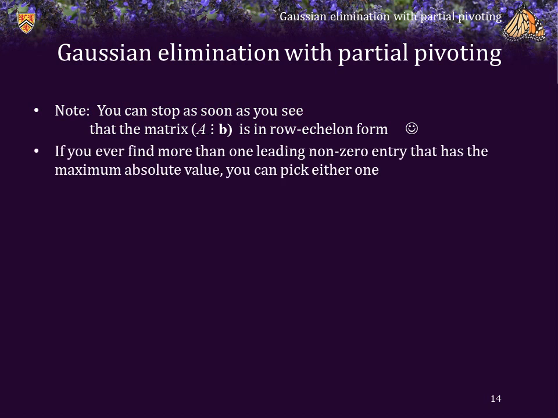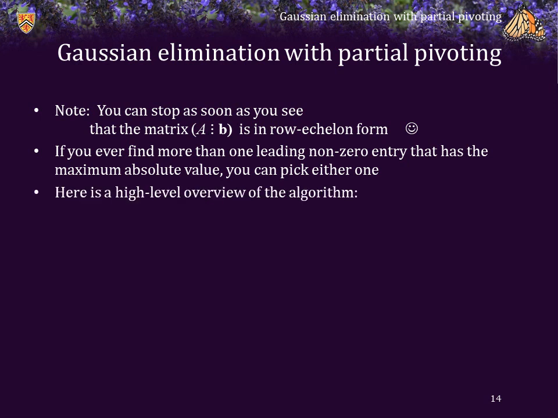Another comment: if you ever find more than one leading non-zero entry that has the maximum absolute value within that column, you are free to pick any one you want. Guaranteed, you will never lose a mark if you pick the "wrong" one.